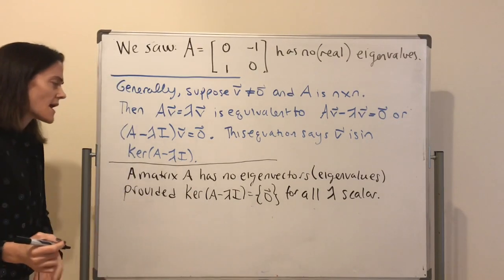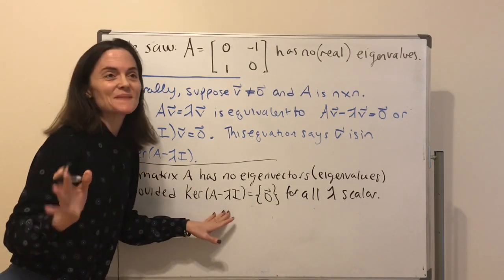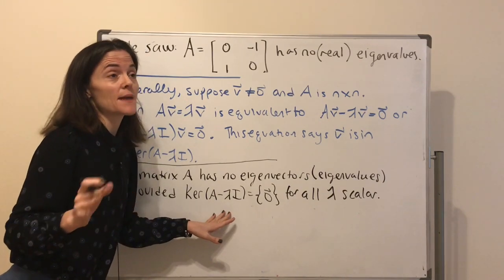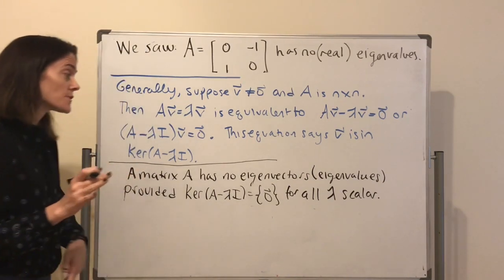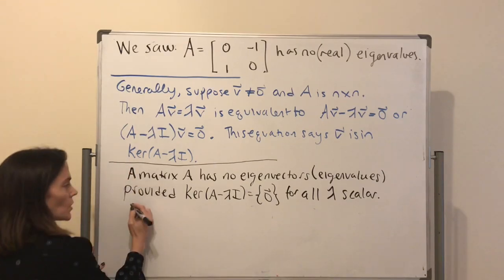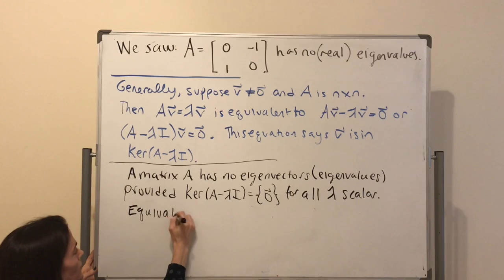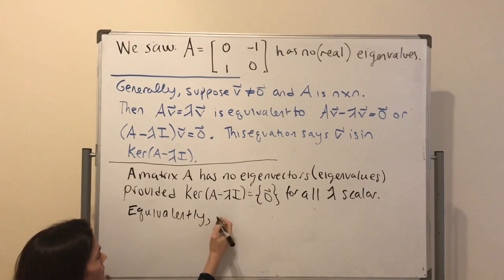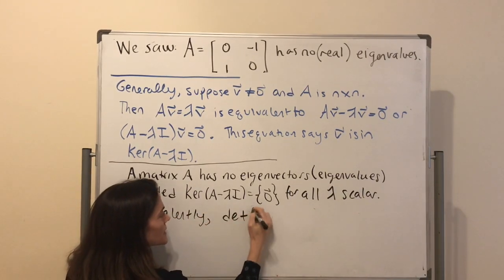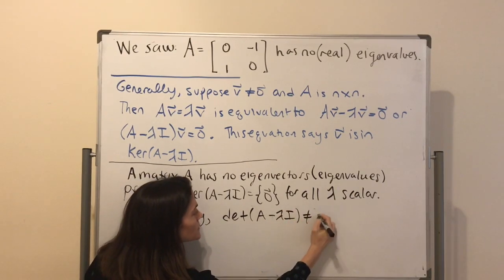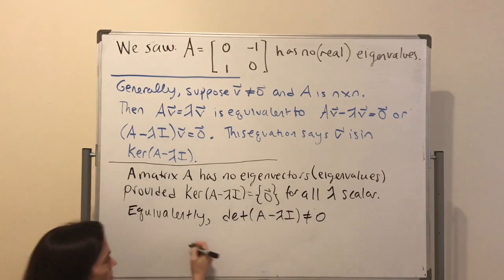What does this mean about the matrix A minus lambda I? It says that A minus lambda I is invertible. Equivalently, the determinant of A minus lambda I is not equal to 0 for all scalars lambda.